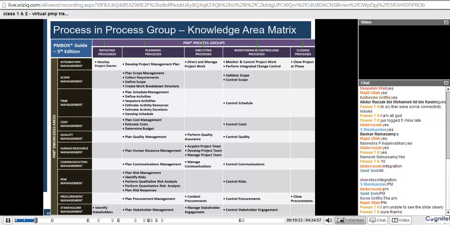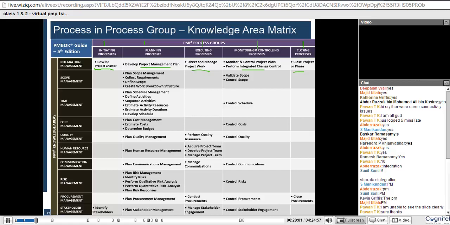Now you can see that there are processes written everywhere. So you have develop project charter here, you have develop project management plan, then direct and manage the project work, then monitor and control the project work and perform integrated change control, and then close the project or phase. These are all processes. Now what does it mean?